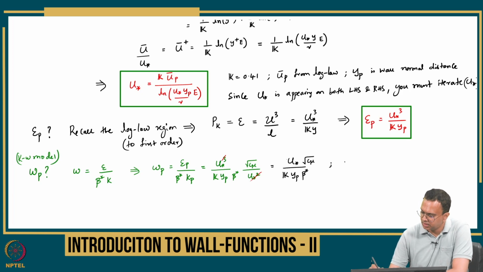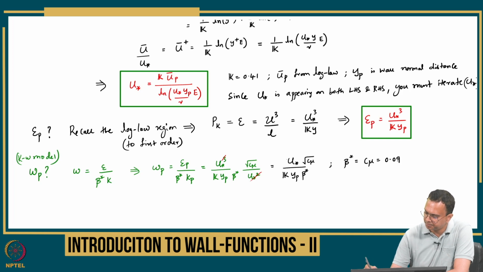But here beta star, we know, is equal to c mu, equal to 0.09. So therefore omega p can be simply u star by kappa yp, square root of beta star c mu.